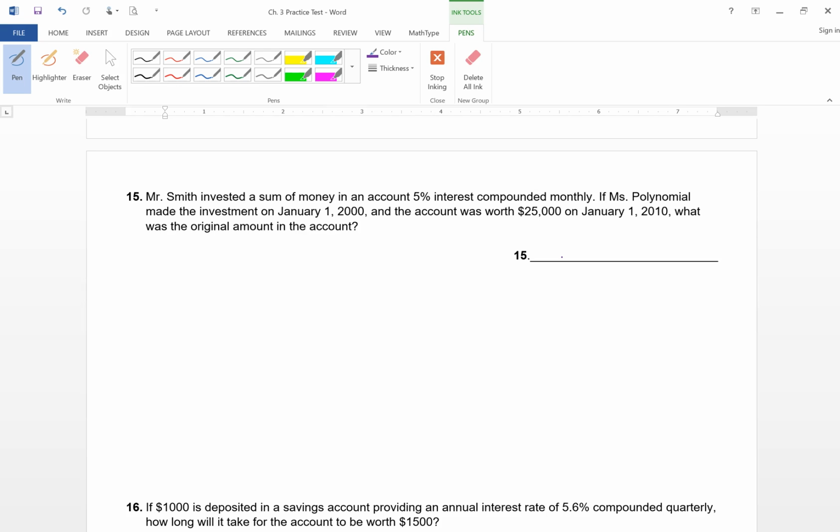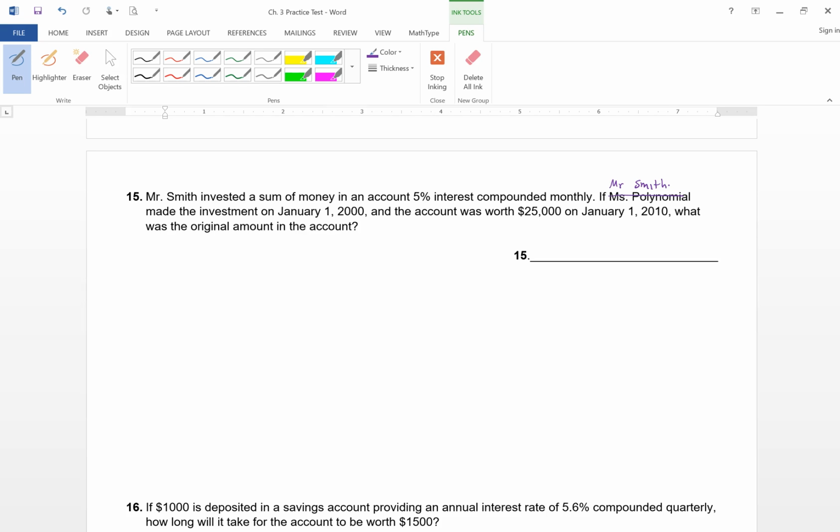I missed polynomial and then I had switched it, so it's the same person. We'll leave it as Mr. Smith, as opposed to Miss Polynomial. If they made the investment on January 1, 2000, and the account was worth $25,000 on January 1, 2010, what was the original amount in the account?